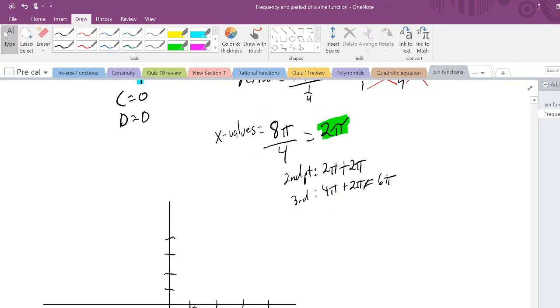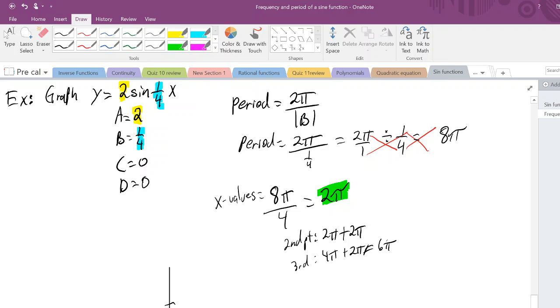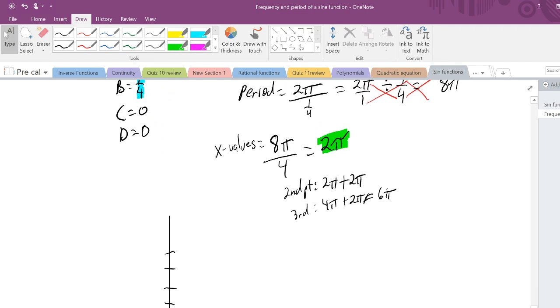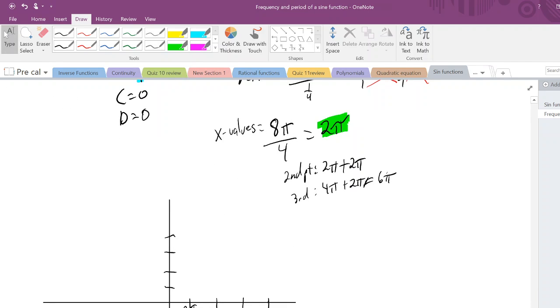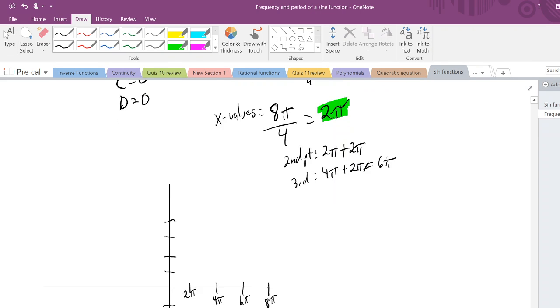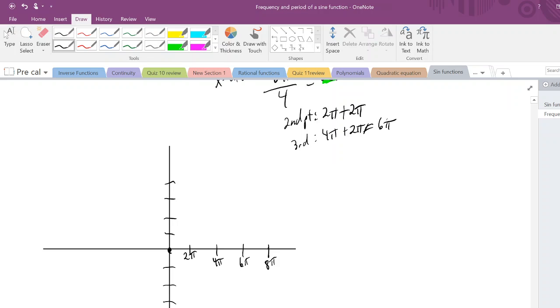Now, there is an amplitude change, right? We have a 2. So all this is going to do, like we did yesterday, is make it longer. At the top, it's going to look taller. So I'm going to go here: 0, and then I have 1, 2, then -1, -2.